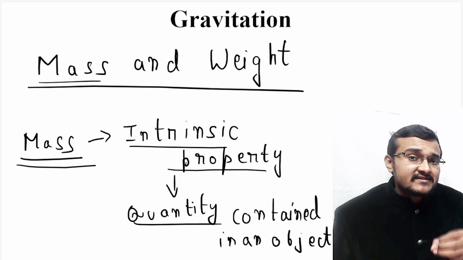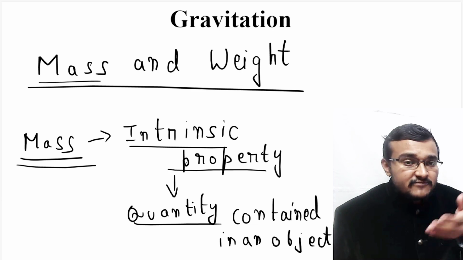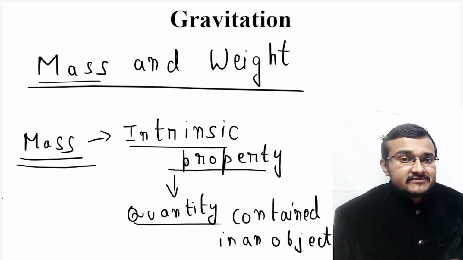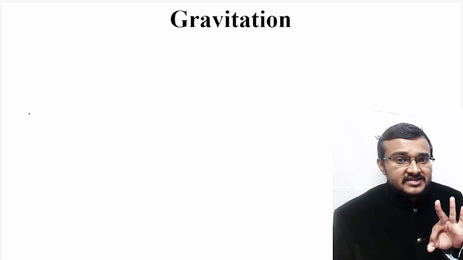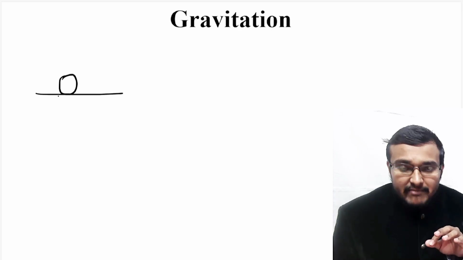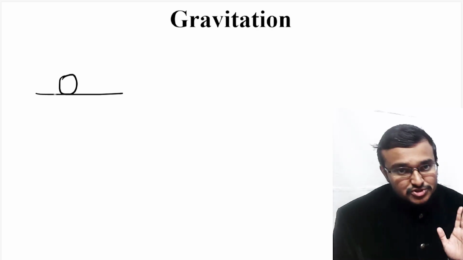Now we have learnt about the law of inertia in our previous chapter. If you have not, you can go to my previous videos and see what we mean by the law of inertia, which is the first law of motion given by Newton. In that law, any object which has certain mass will resist a change in its state of motion.